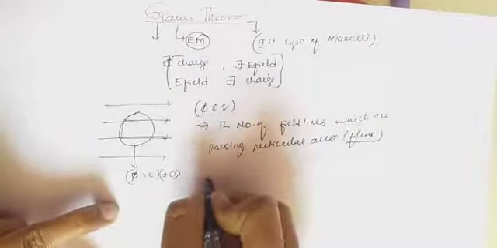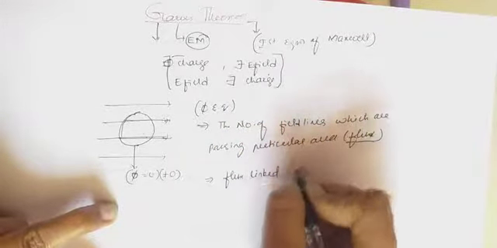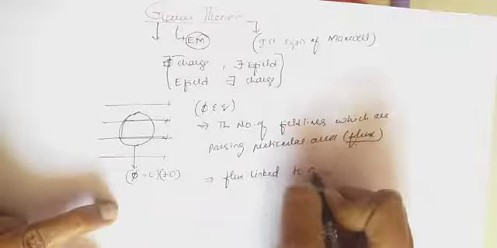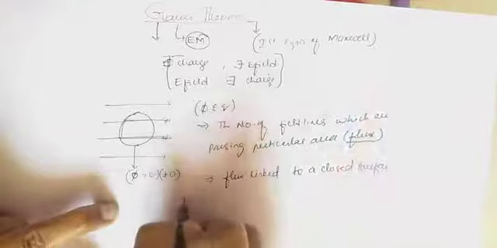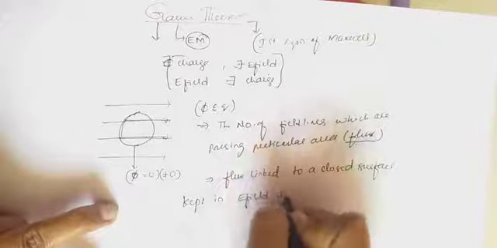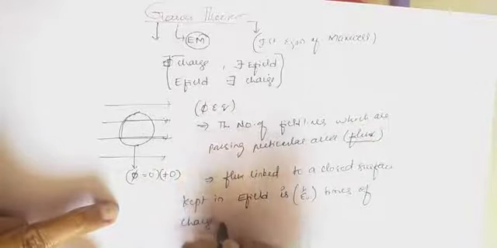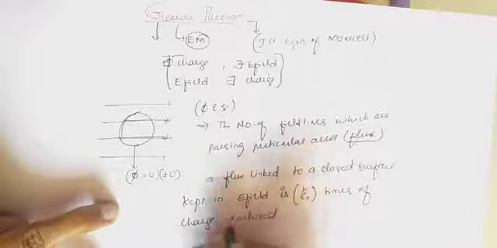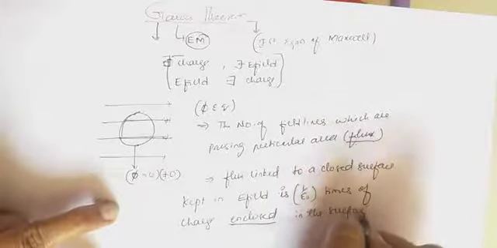Here he gave the relation between the flux and the charge: the flux linked to a closed surface kept in an electric field is 1 by epsilon naught times the charge enclosed in the surface.